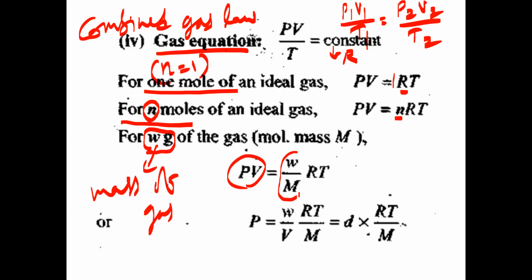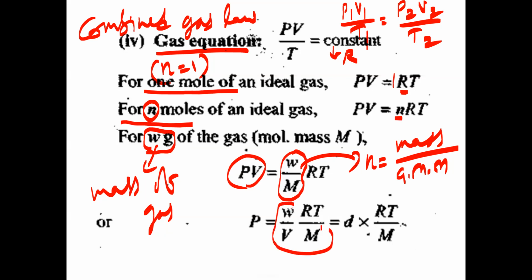In place of n, we write mass by gram molecular mass, so the number of moles is given mass divided by gram molecular mass. So PV is equal to W by M into RT. Taking V to the right-hand side, P is equal to W by VM into RT.